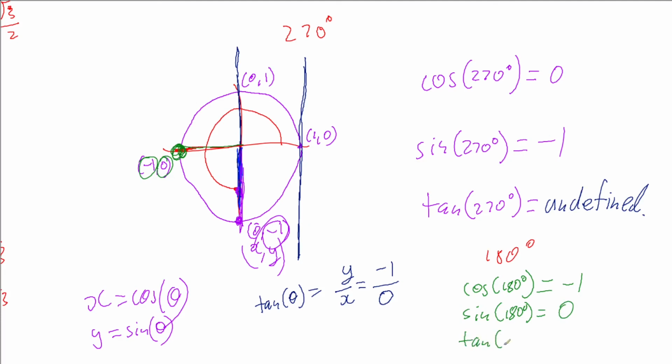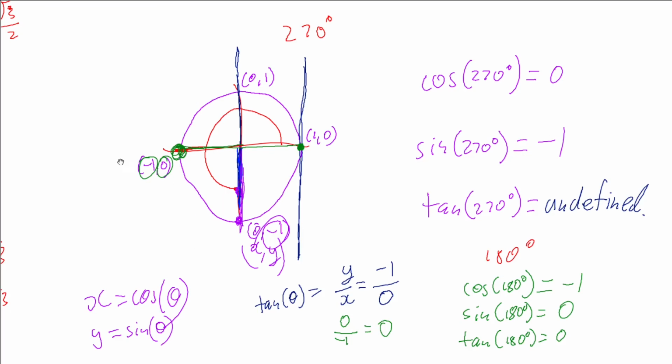And tan of 180 degrees, well, now I can go back through the origin and reach this point at 0. Or if I use the y over x definition, sine, my y, was 0, and cos, my x, was negative 1, and 0 divided by negative 1 is 0, because 0 divided by anything is 0. So tan's value at this point is 0.